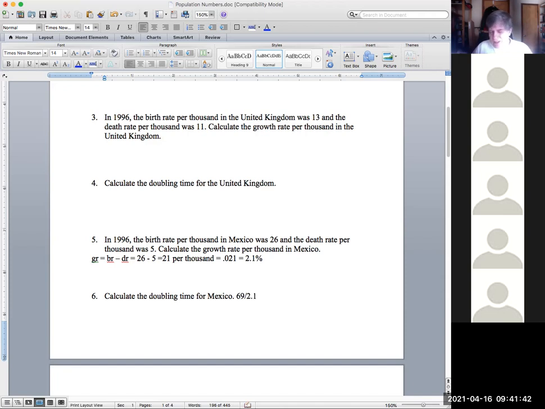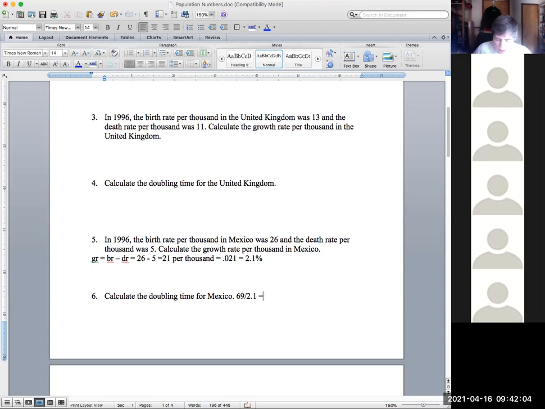So we can take 69 divided by 2.1. And usually I like to use the percentages just because, if you start dividing with the decimals, I think it's more likely at the end that you're going to misplace a decimal. But whatever you feel comfortable with is fine with me.